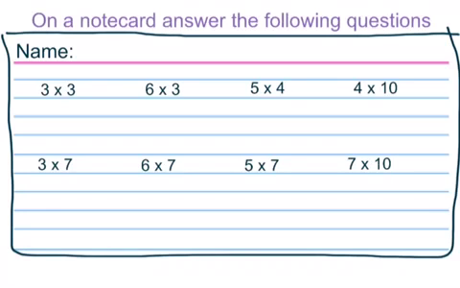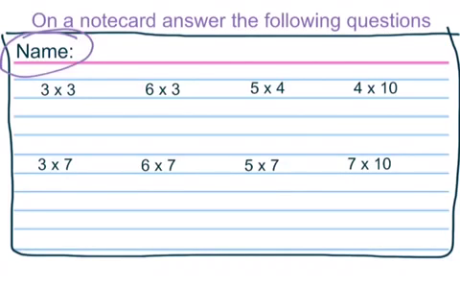Alright, so now that you've made it through the lesson, at the station where you're listening, there's going to be a stack of note cards. And what you need to do is you need to take one of those note cards, and up at the top left side, you need to write your name. And then you have 8 problems that you need to show me. You learned exactly what you need to from this video.